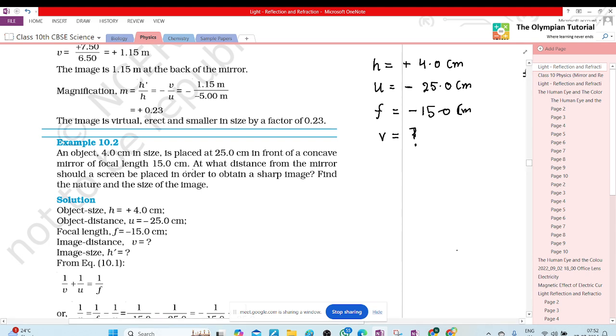Yes, because they are asking where the screen should be placed to obtain a sharp image. We already have the object distance, and we need the image distance, because at that point we will keep the screen so that we can get a sharp image. Will you solve it for the value of v? Yes, ma'am.